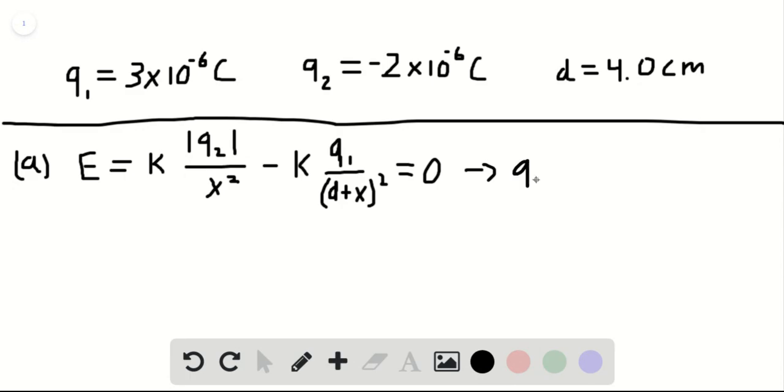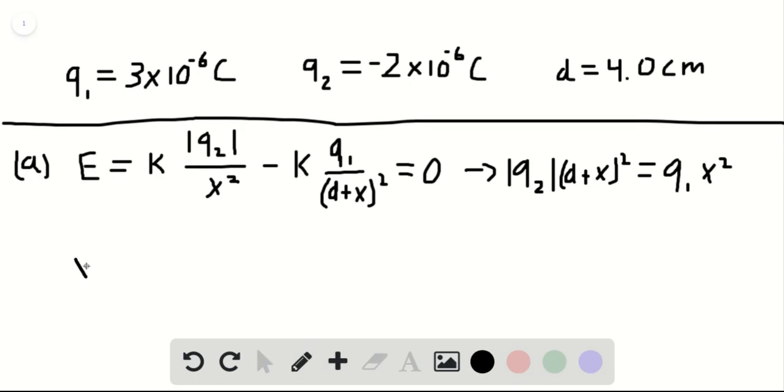Okay, so then we find that Q2 magnitude here, we're not considering positive or negative, times D plus x squared is equal to charge Q1 times x squared.